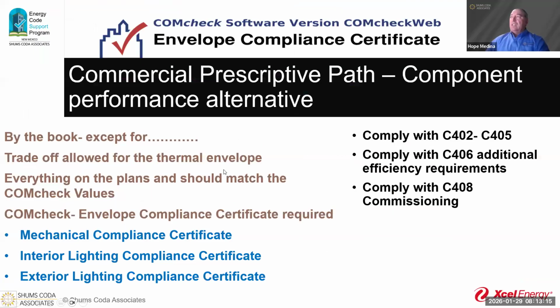With this, we're basically looking at our COMchecks or software that do the same thing as COMchecks do. So it's by the book, except we do have trade-offs allowed for the thermal envelope. We can raise or lower our insulation value in a wall by offsetting it with higher fenestration or maybe more insulation in the floor system of the structure.